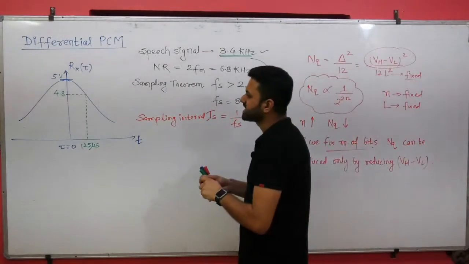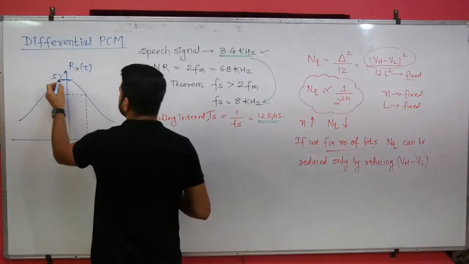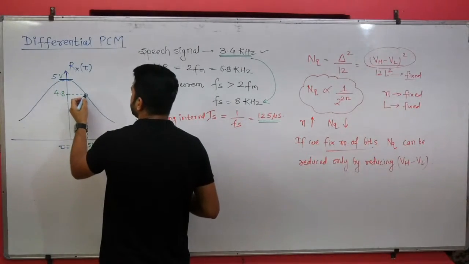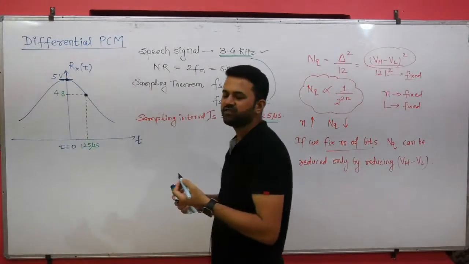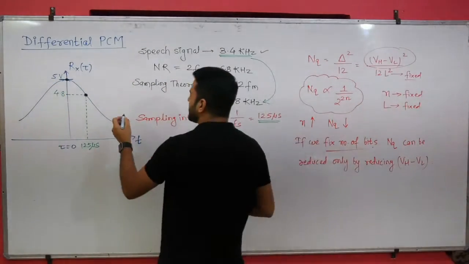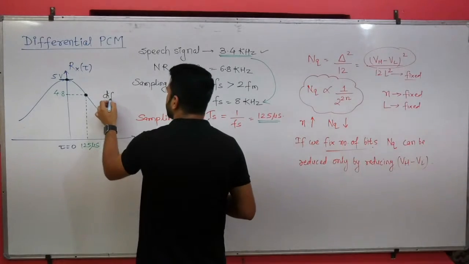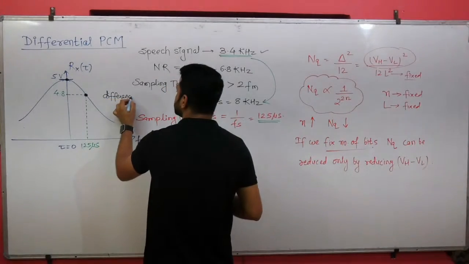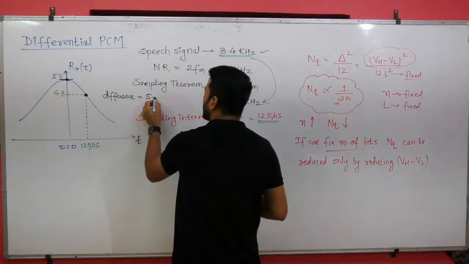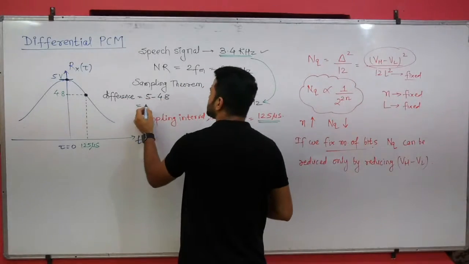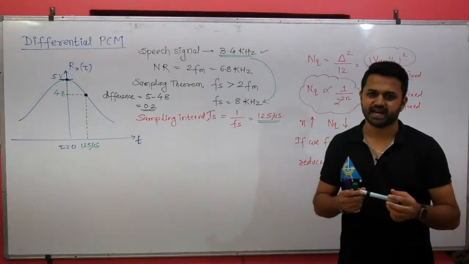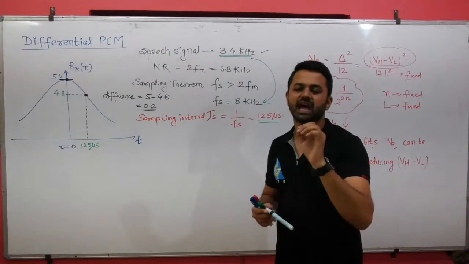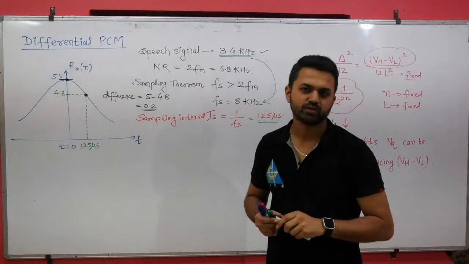The first sample has the 5 volt value, the second has 4.8, so the difference is 5 minus 4.8, which is 0.2. Now you have to quantize the signal which has the amplitude 0.2.